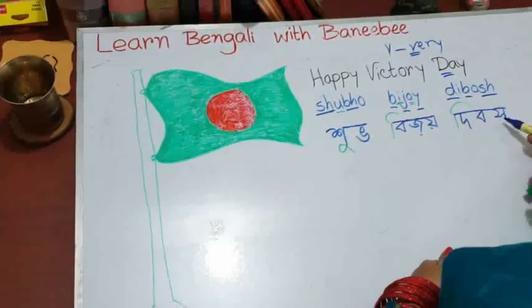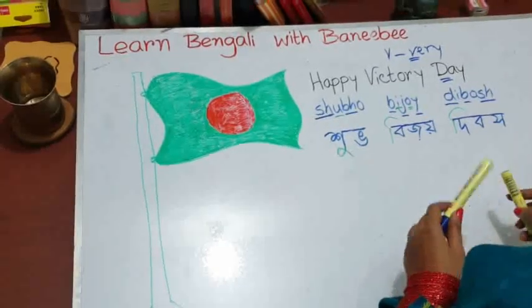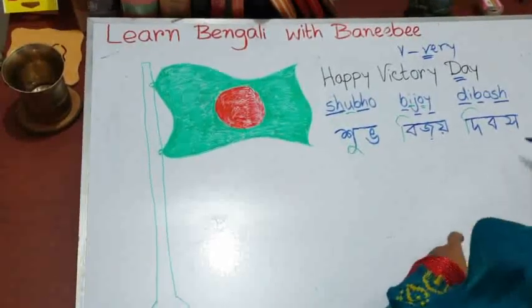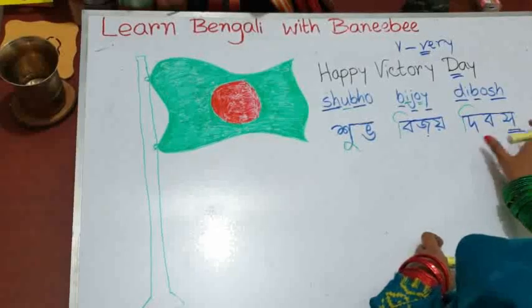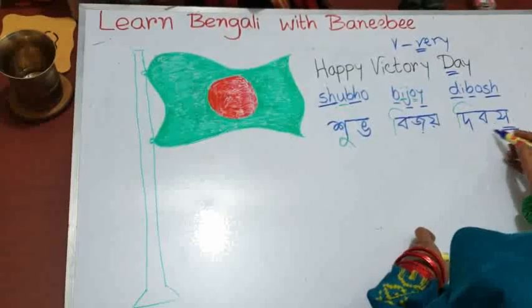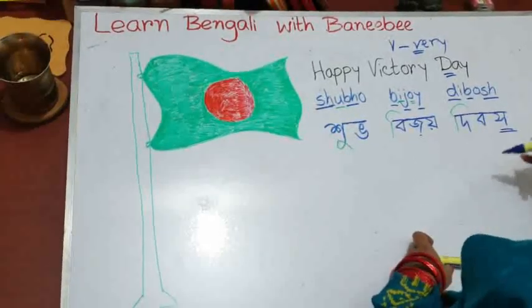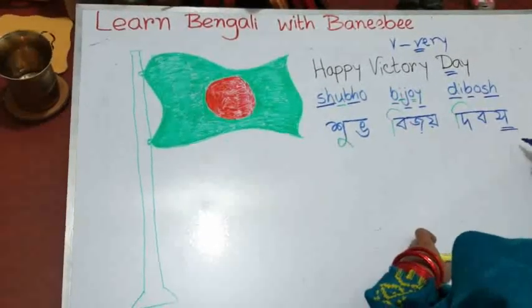But for most words, unlike shubho, the last letter, and especially if there are 3 letters, sometimes with 2 letters also, usually loses its o ending.